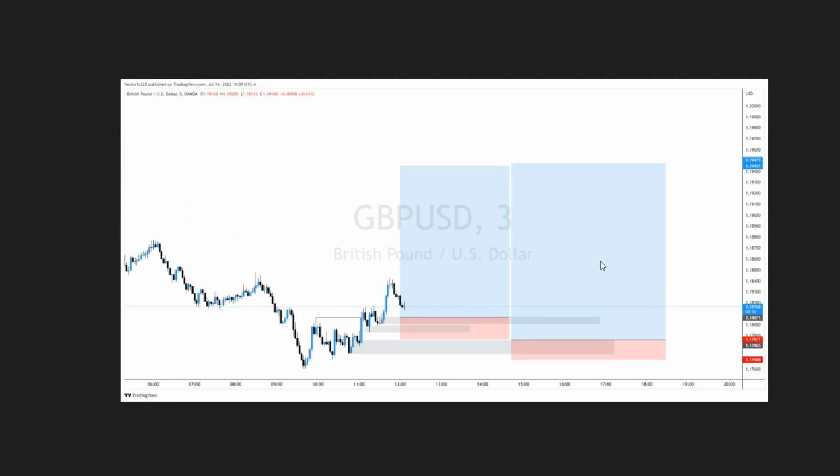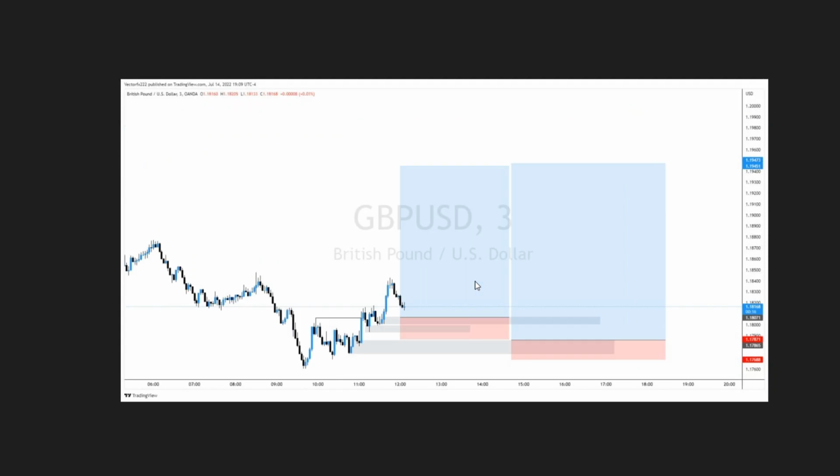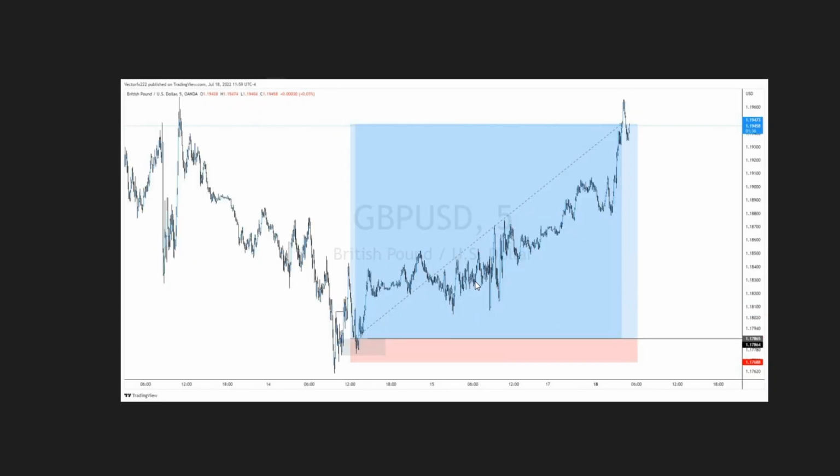This entry here is the one that gave us the entry into price, and then it hit our take profits nicely. It was a very nice trade. This trade I shared with the community as well, so we saw how nicely that came about.